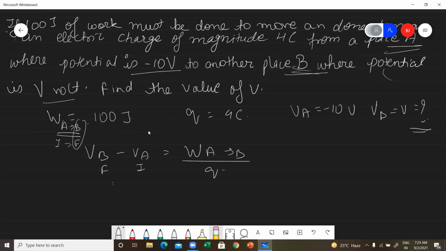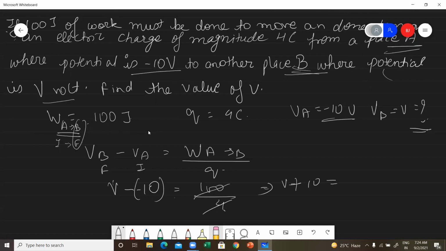VB is equal to V, minus minus 10, so plus 10, is equal to 100 divided by my 4.